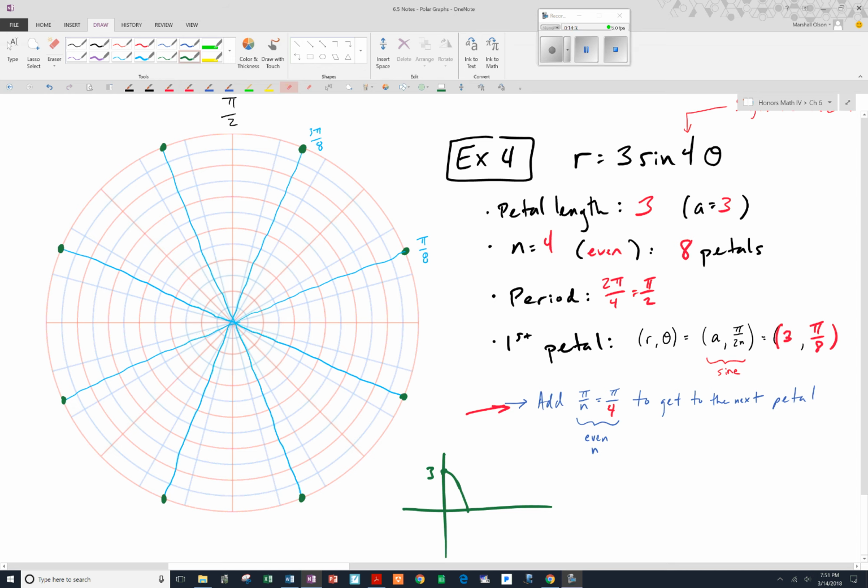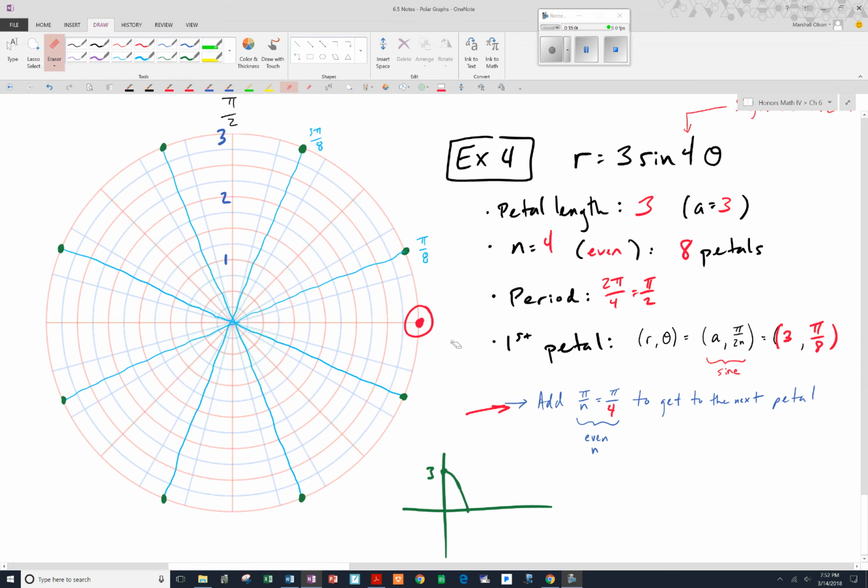Now, this has nothing to do with this graph right now, but imagine if this were a cosine graph and the values are the same. By the way, I just realized that I put my points way out there, so let's go by halves here, so this is 3, this is 2, and this is 1. Now if this were a cosine graph, then it would start right here.